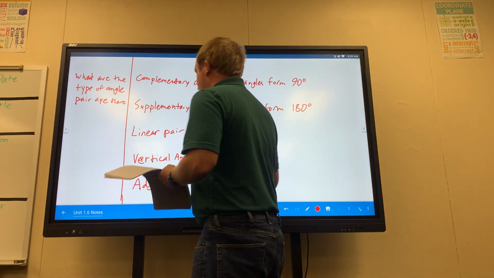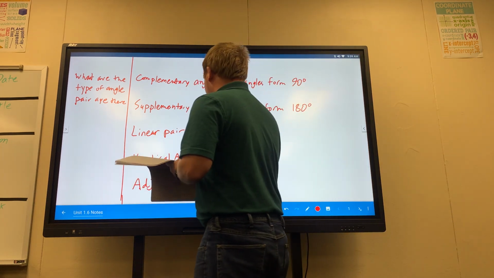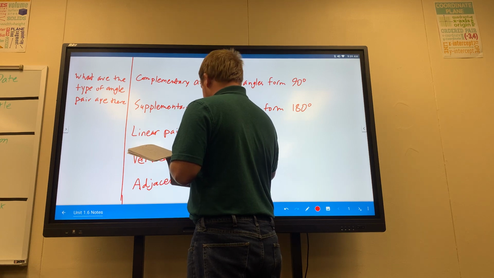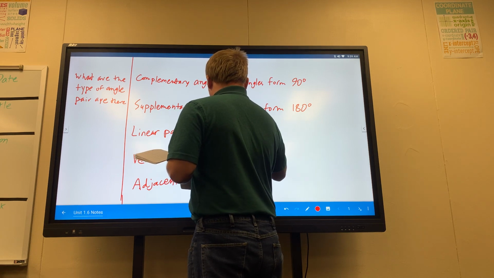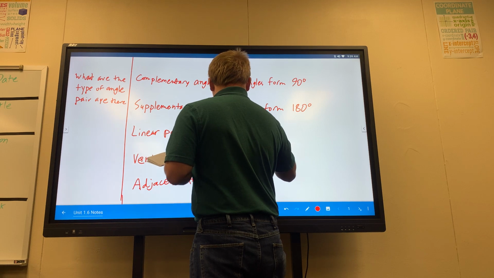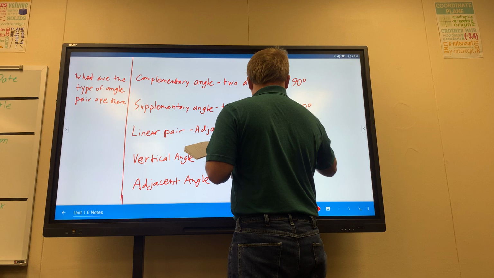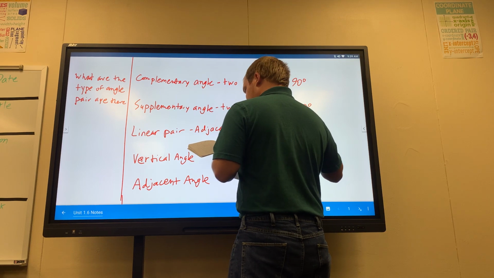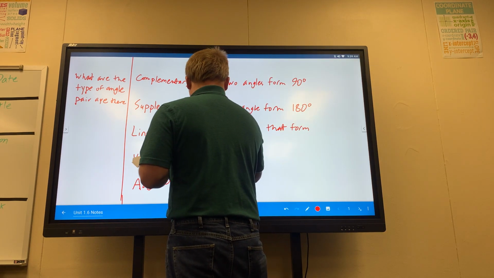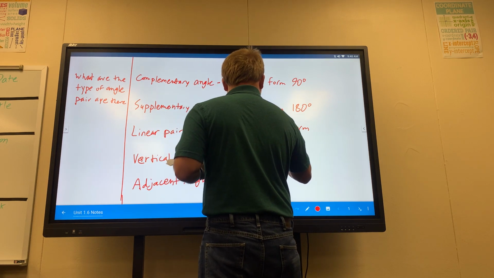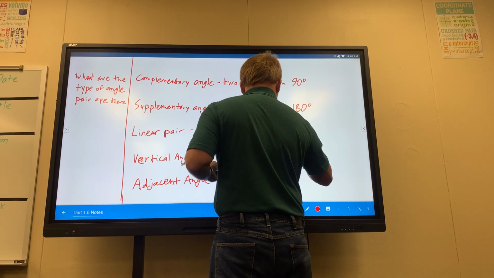Now, linear pair is adjacent angles, and we'll talk about what adjacent angles are in a minute, that form from a line and ray.